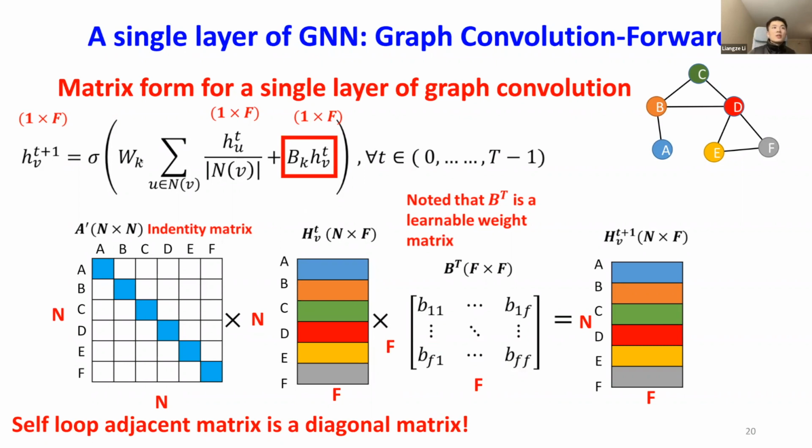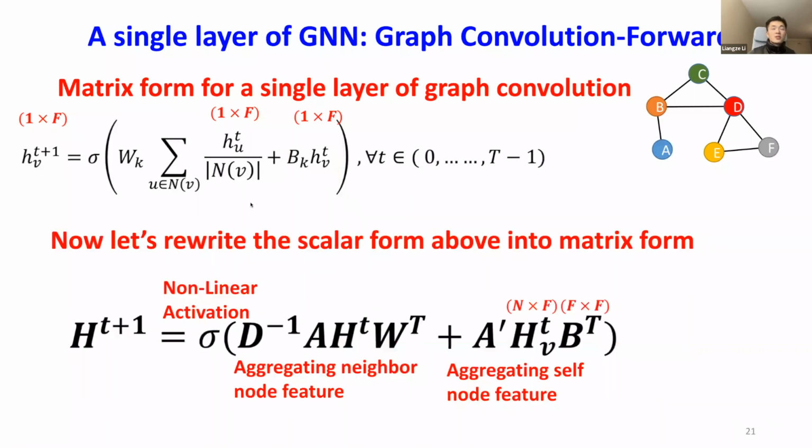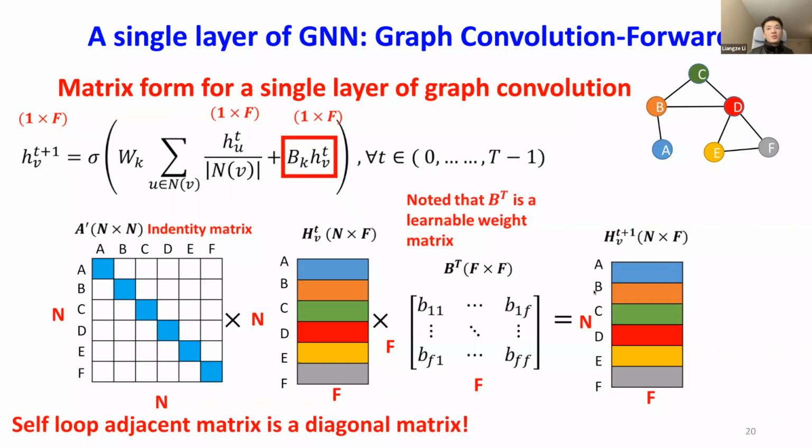So what we do is we take the result of this first step, which contains the information from neighbors, and the results from this second step, which contains information from itself. And since these dimensions match, right? So notice that this step produces a matrix of n times f.